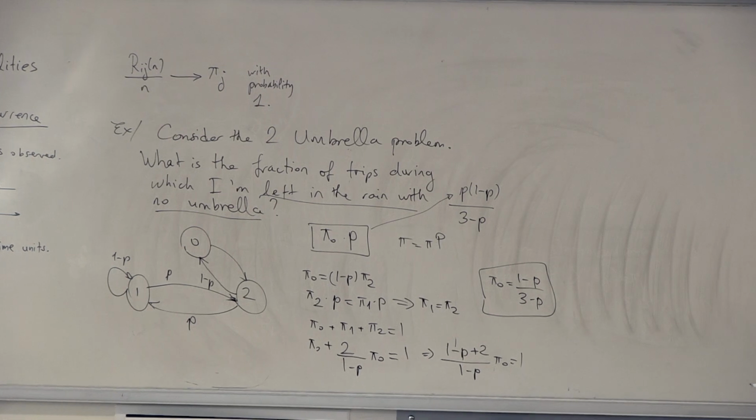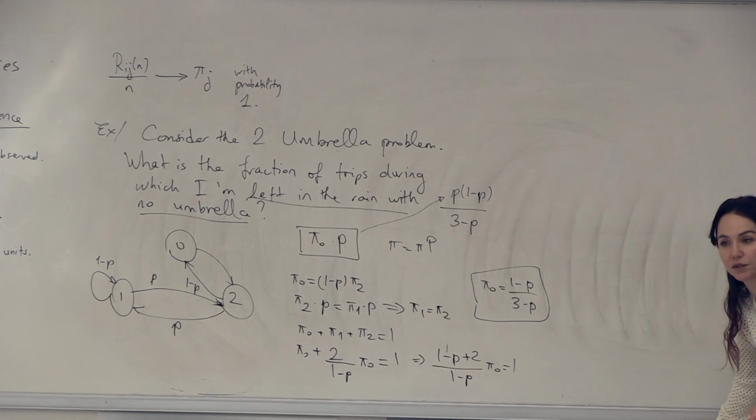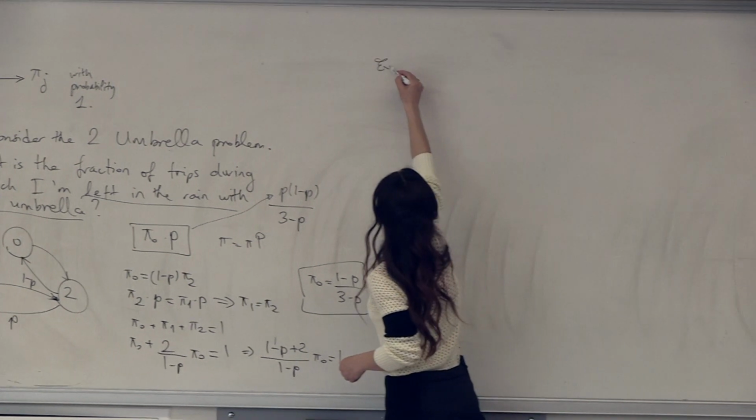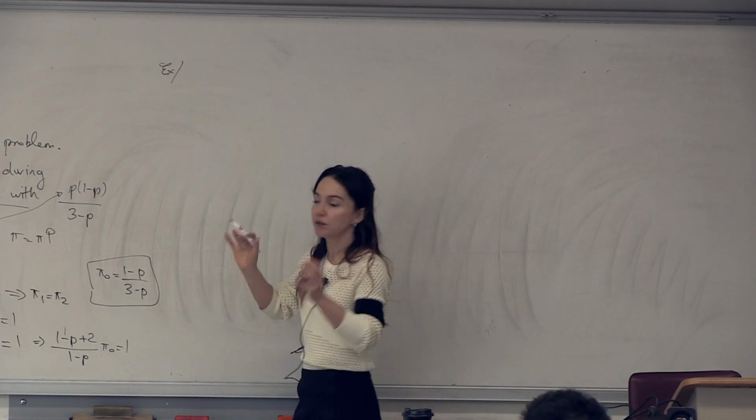So, now that we're talking about the rain, perhaps we can do one of the other examples that we have considered in previous lectures. Again, there was this example with only two states, rain, no rain.